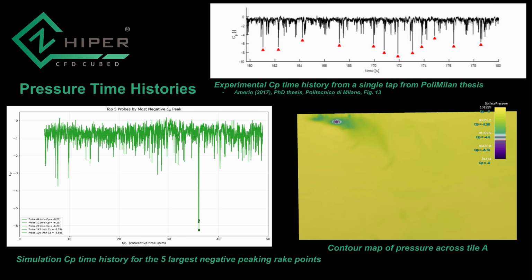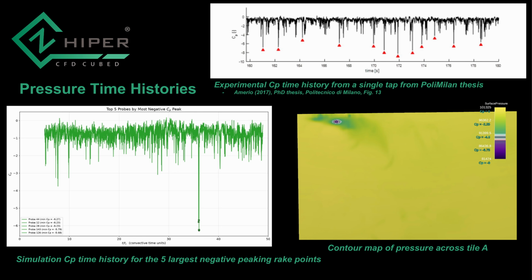So the results, here you can see the two pressure coefficients against time plots. In the top right is the experimental polymer thesis, which shows CPs around -8, and the bottom left is the top 5 most negative pressure coefficient probes from the simulation, which has got a peak of around -6.5, and this peak here corresponds to the actual microburst on the right hand side, which shows the contour map of the actual tile.